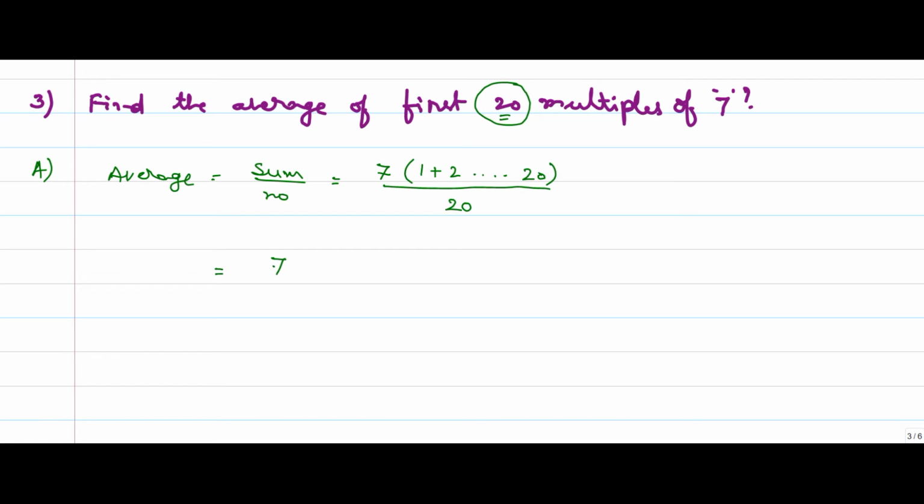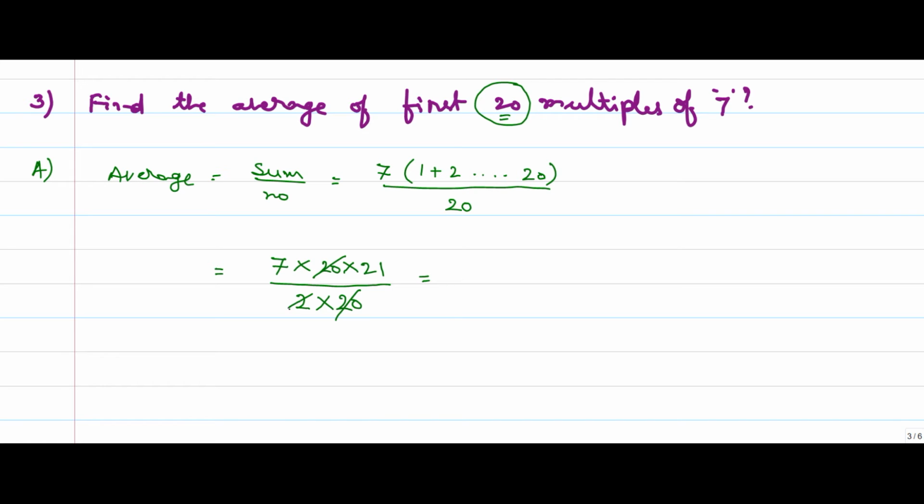So it is equal to 7 into n into n plus 1 by 2, where 20 is n here. And this 20 is always remaining here, so it is 20 now. So this 20 will get cancelled.